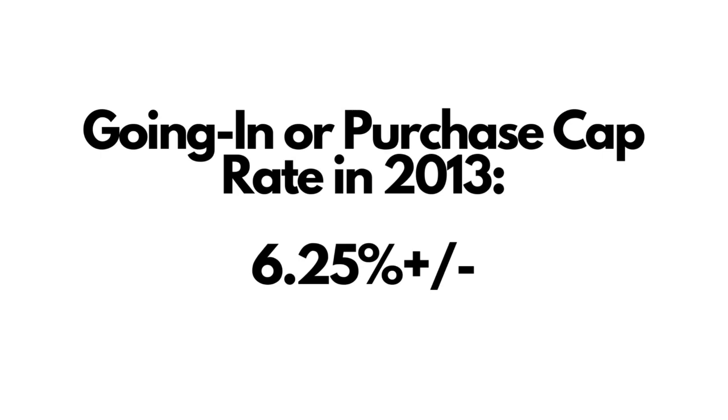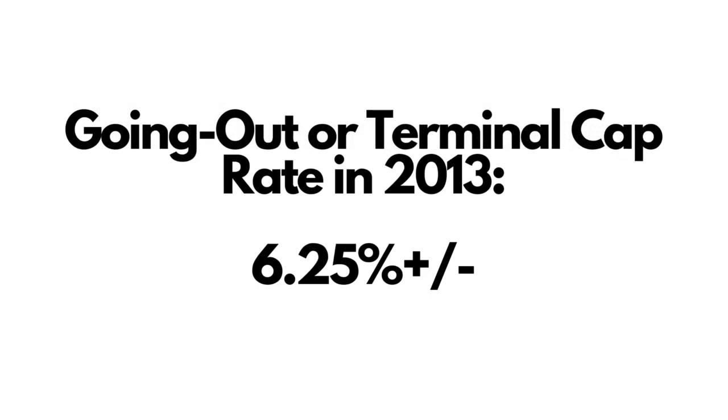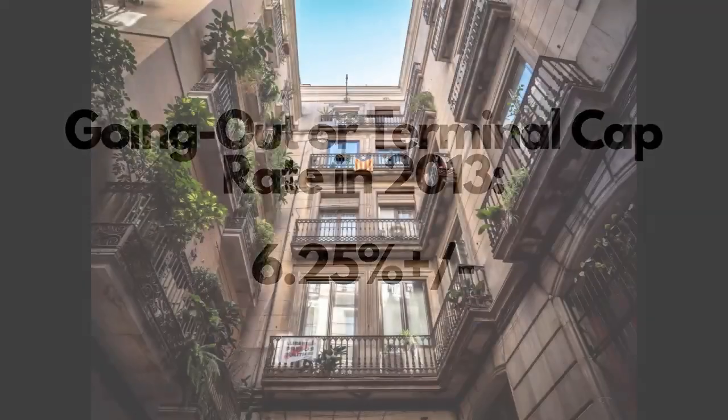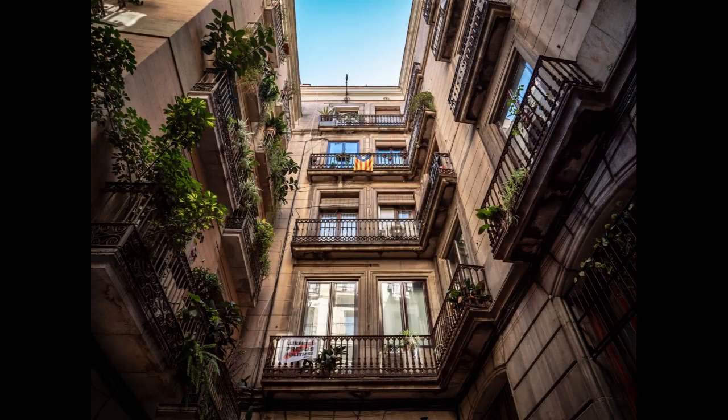So a 6.25% exit or terminal cap was also appropriate. By the way, I often model properties initially with a terminal cap rate about a quarter point or a half point higher than the going in rate. But that's a discretionary thing based on the market, the real estate cycle, et cetera.